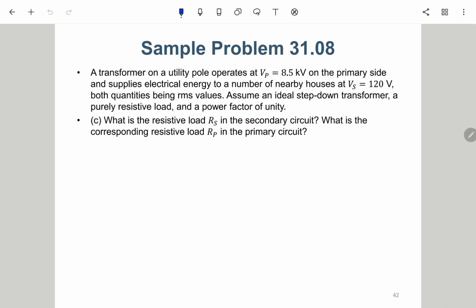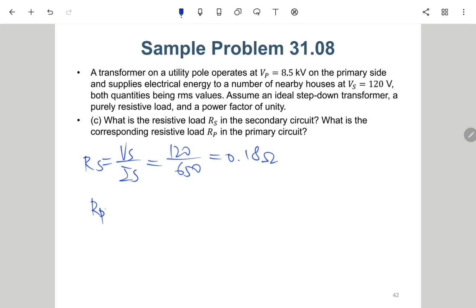So for question C, what is the resistive load R_S in the secondary circuit? What is the corresponding resistive load R_P in the primary circuit? R_S will be V_S over I_S, which is 120 over 650, which is 0.18 ohm. We already know all the values.